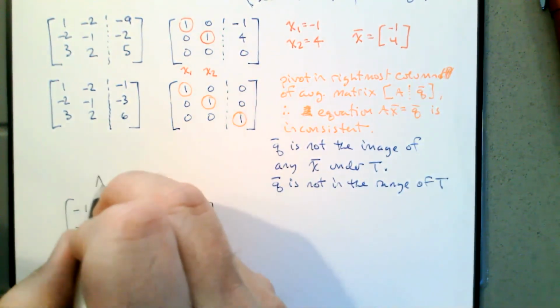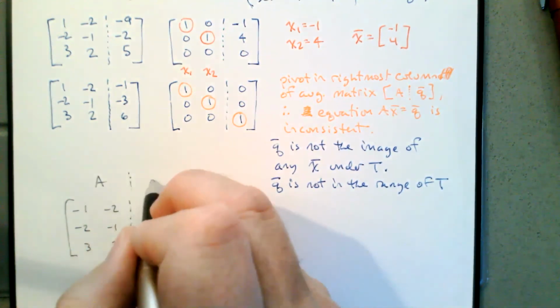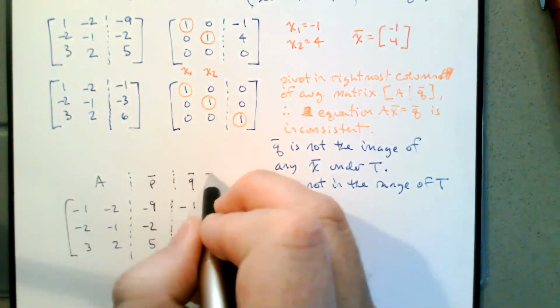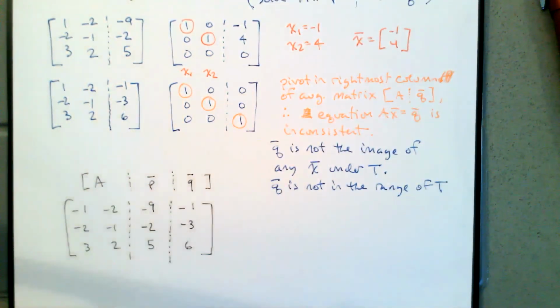So I'm going to put A and not just put P in the rightmost column. I'm going to make another rightmost column with Q. Some kind of super augmented matrix. The row operations are the same in both augmented matrices.